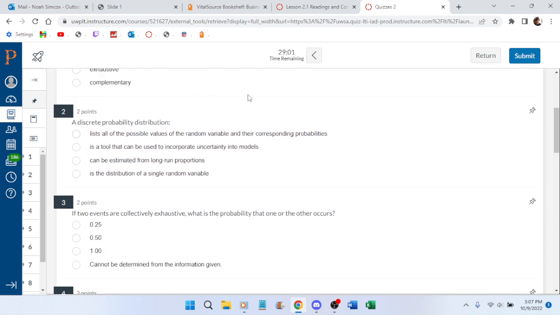A discrete probability distribution. All the possible values. It's got to be that. Discrete probability distribution.